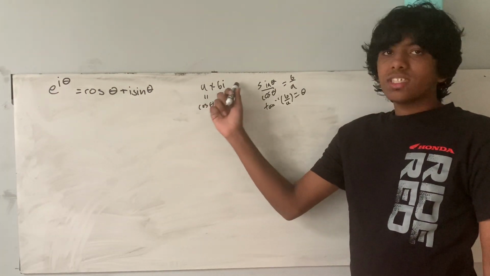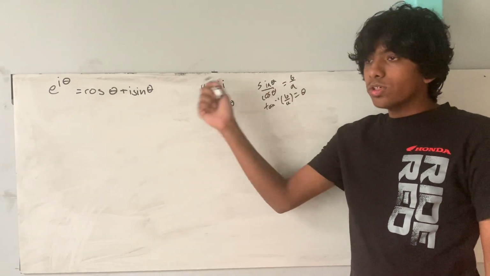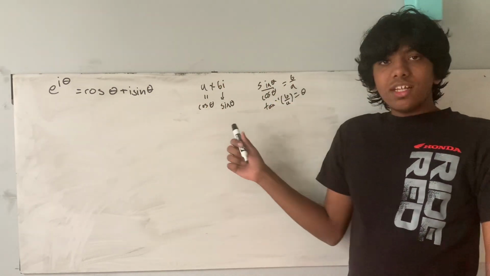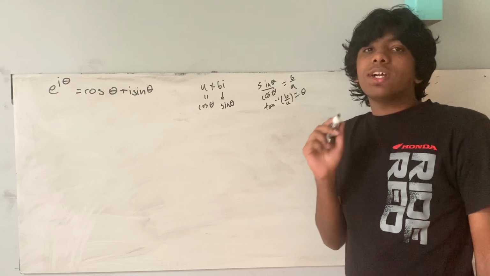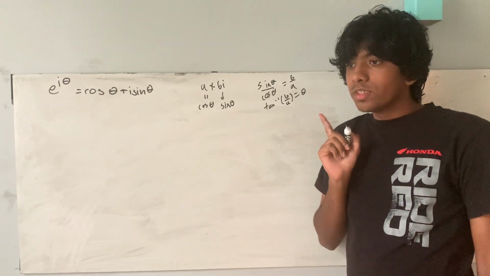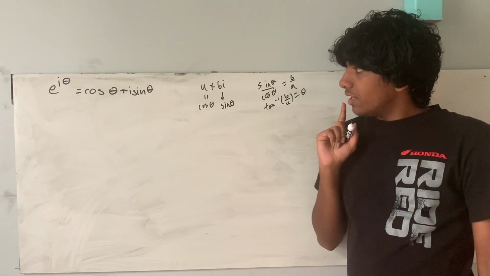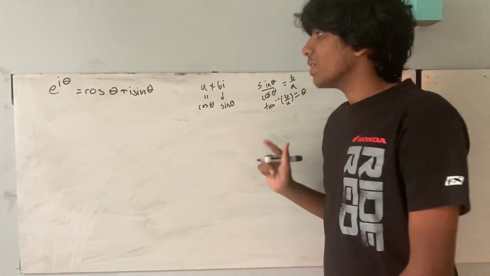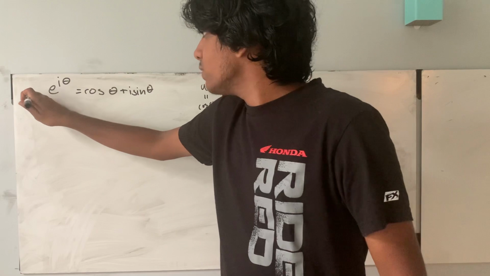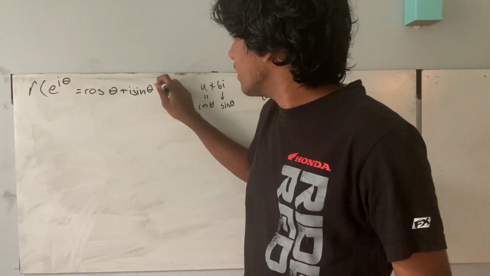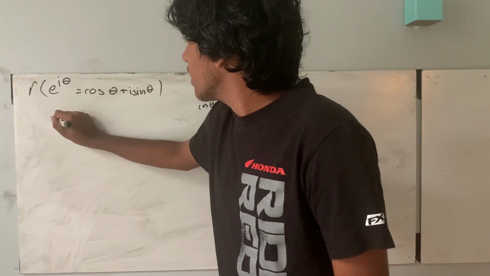But 3 plus 6i and 2 plus 4i are not the same complex number. They're two different complex numbers. So one thing we can do is, let's take a leap of faith with me. Let's multiply the entire thing by an arbitrary constant r. So we're going to get this.